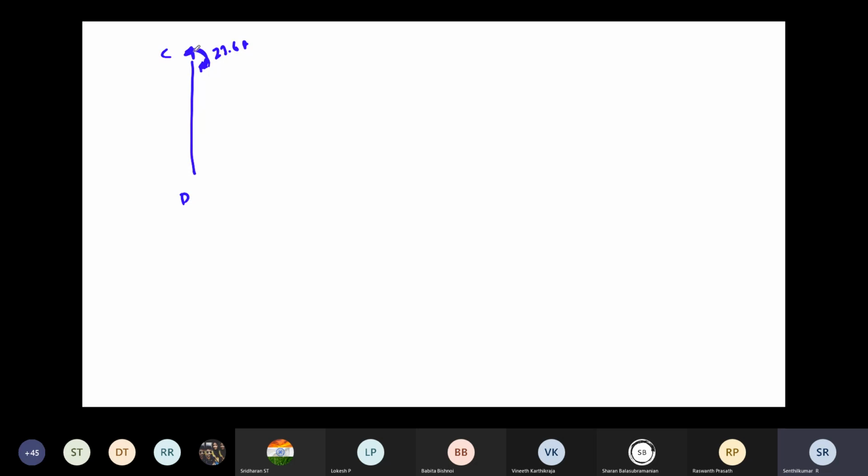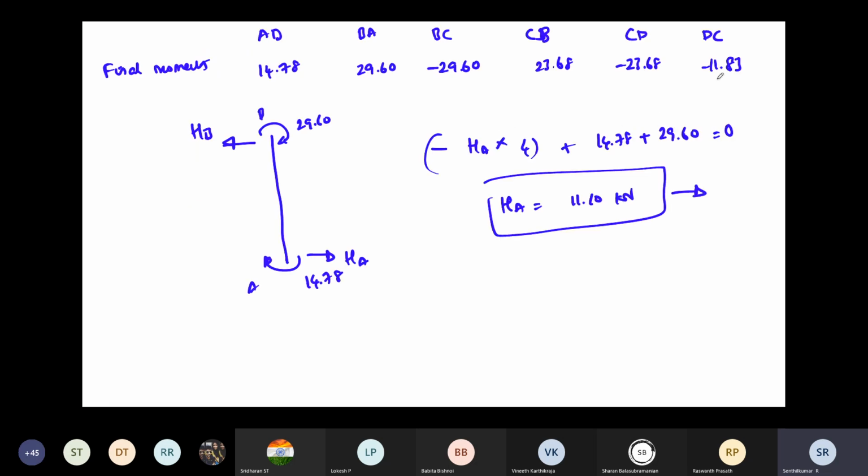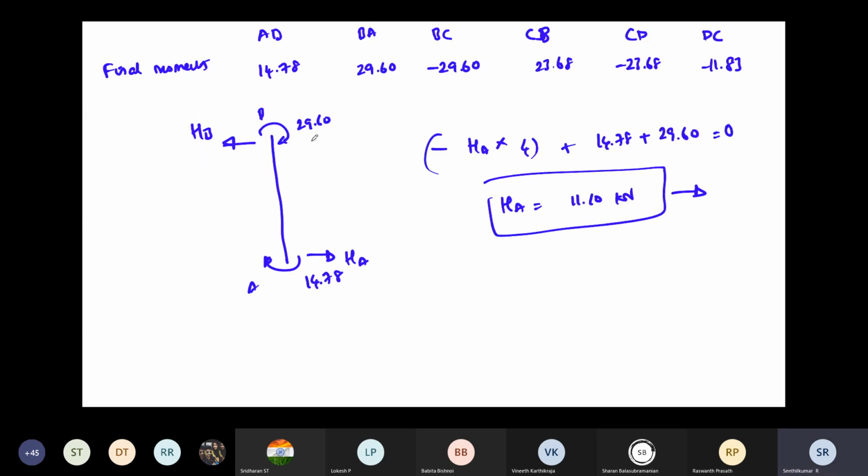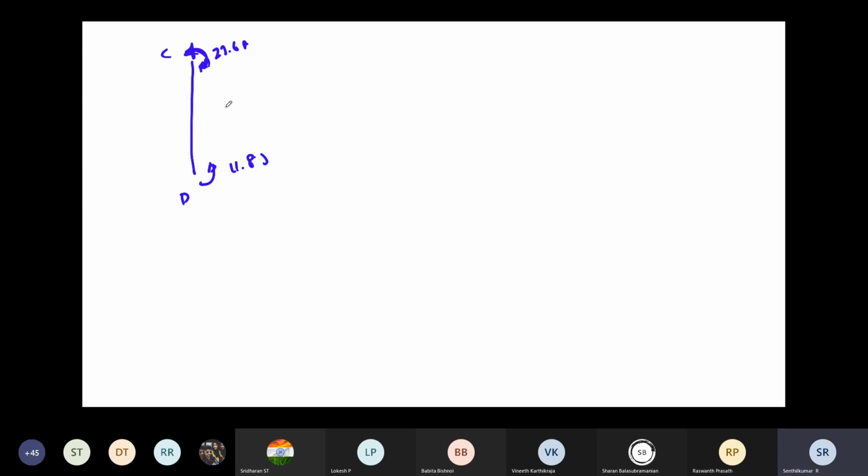Anti-clockwise, minus 23.68. Again, 11.83 is again anti-clockwise. So the moments are anti-clockwise, so the reaction should be in the clockwise direction.